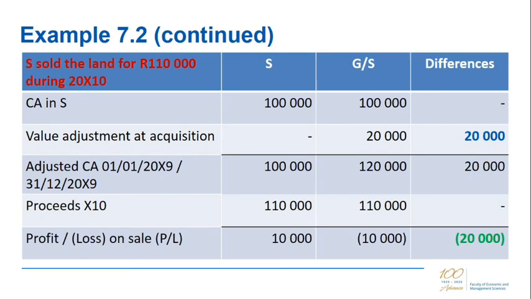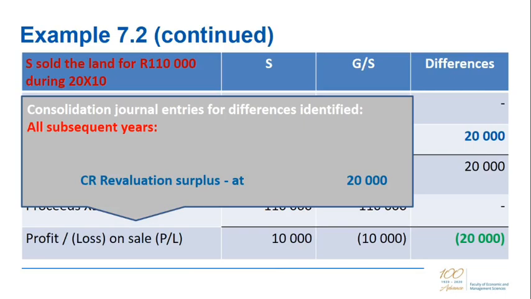How would my consolidation journal entry change if I move into the future and I have to do the consolidation journal entries in all subsequent years? Again, you always have to create that revaluation surplus at acquisition that was not recognized by the subsidiary at acquisition date. If you do not create the surplus, you do not have it available to eliminate.